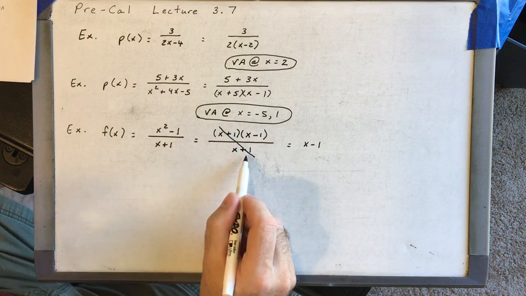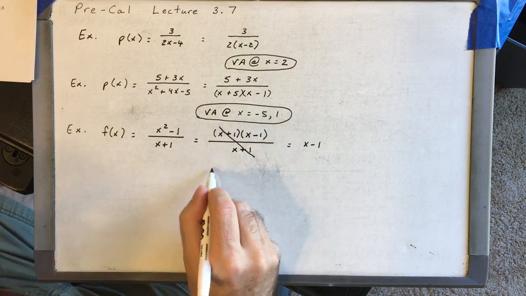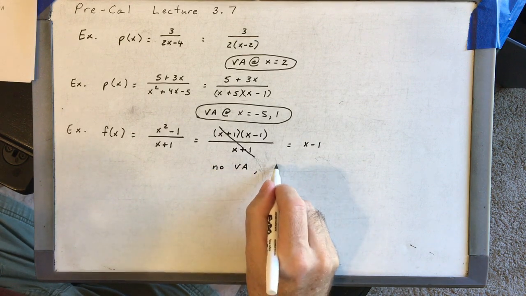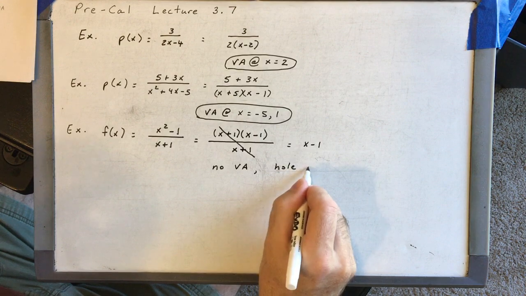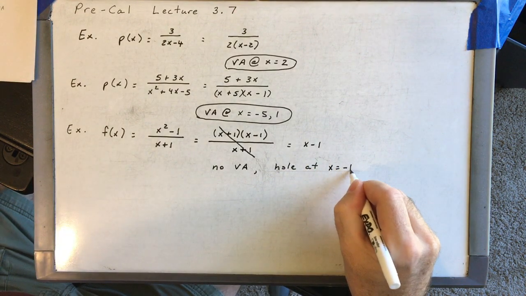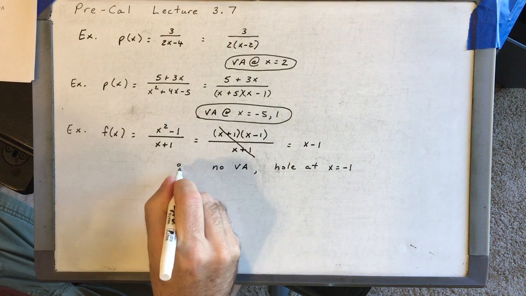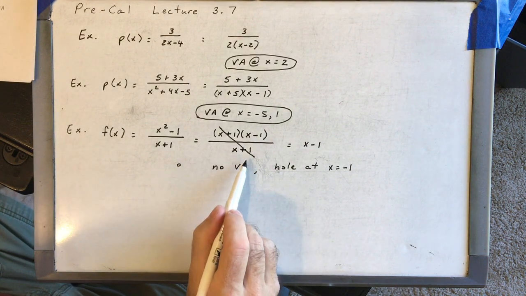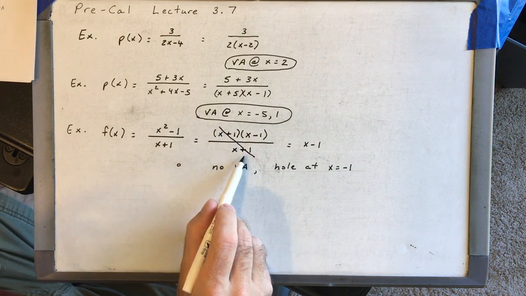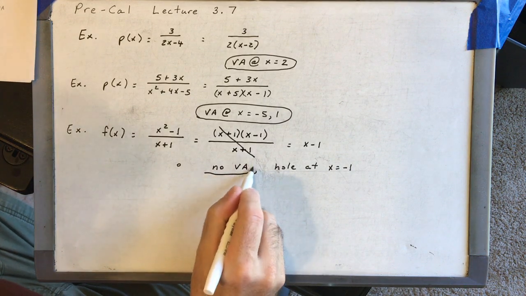So if the denominator cancels out, we don't have a vertical asymptote. We do have, though, a hole at x equals negative 1. So you just have a little hole in the graph, but you don't have an asymptote if that particular x value can be canceled out. So no VA is the answer.